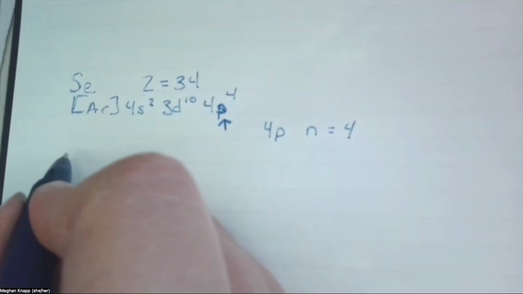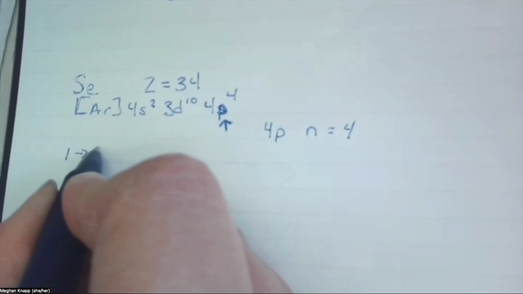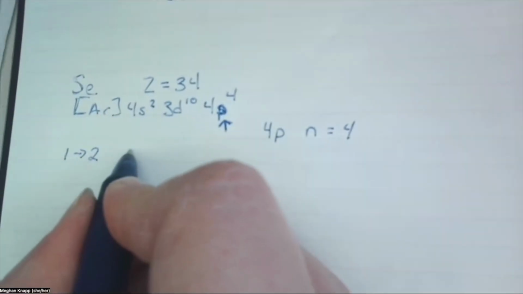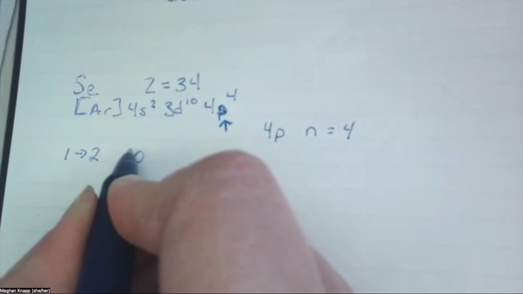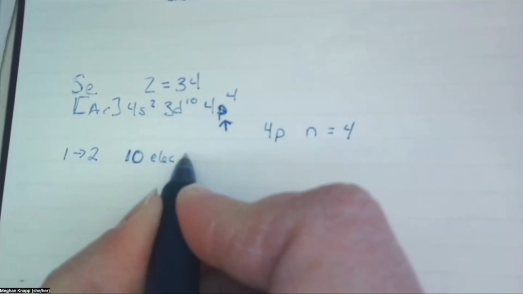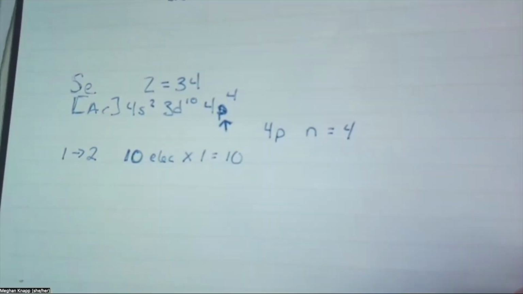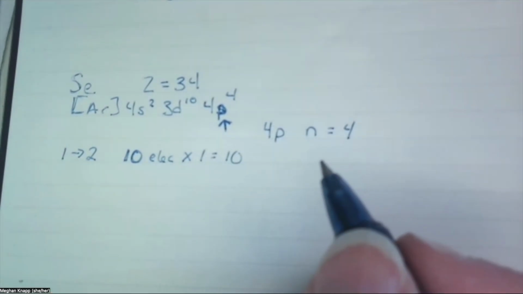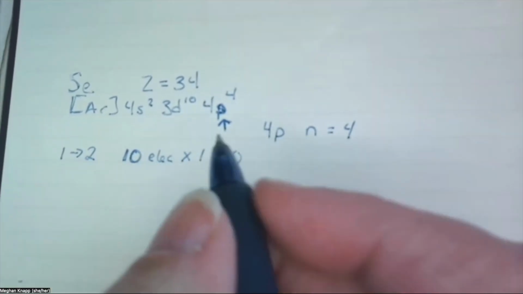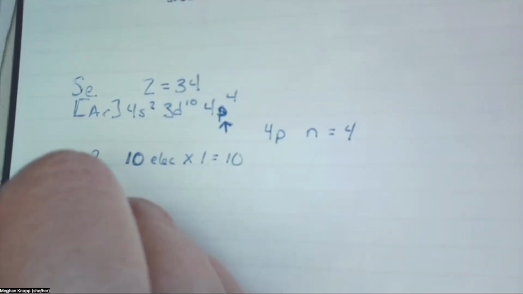All right, so how many electrons are in levels 1 through 2? Well, that's going to be 10 electrons all the way up through neon. Those get multiplied by 1, and I'm going to have 10. Then I look at how many electrons are in level n minus 1.